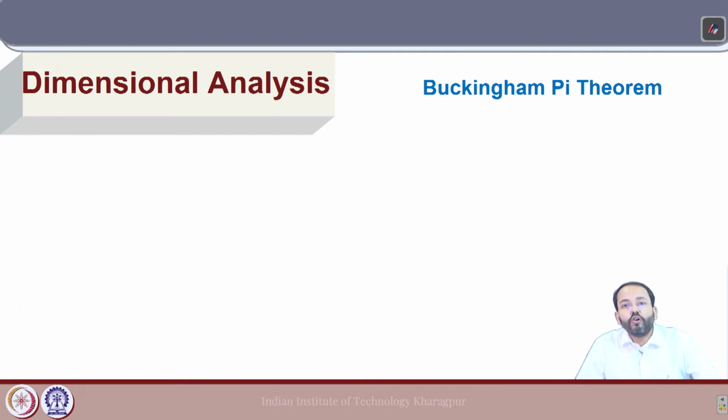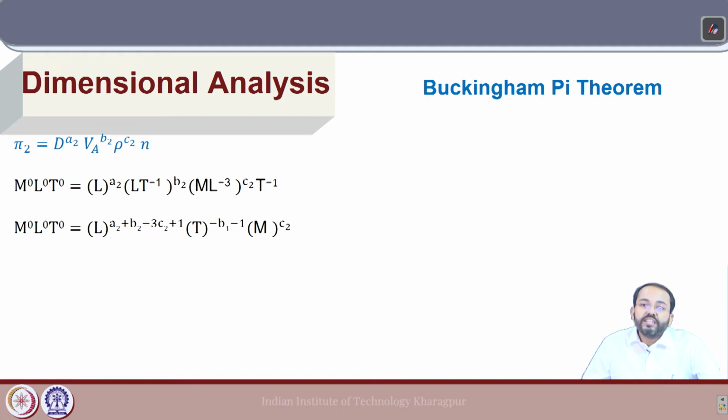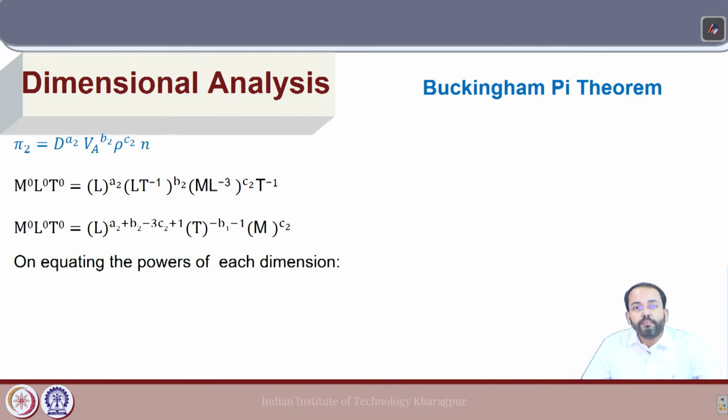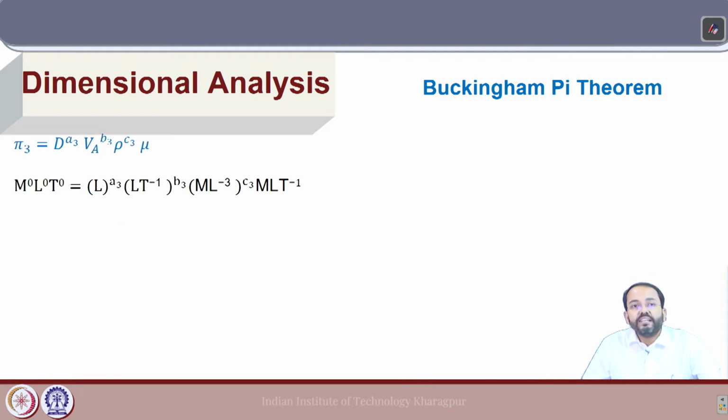Similarly, if we solve for pi 2, here we have the additional term other than d, Va and rho, we have n as the fourth term. So, in a similar way we use the indices A2, B2 and C2 for d, Va and rho and do a dimensional analysis based on the basic dimensions, and equating these powers we get in a similar way pi 2 as nD by Va. Again we do the same thing for pi 3.